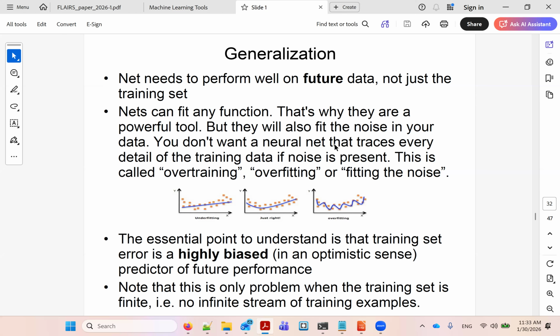The essential point to understand is that when you measure the error of your function, right, if I go through and measure my sum of squares of error for all these cases, whatever that number is, it's always biased, and often highly biased in an optimistic sense.